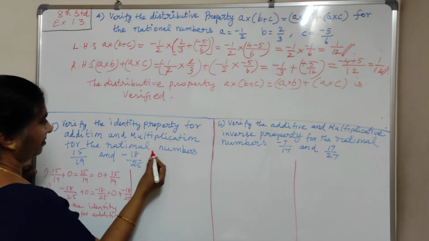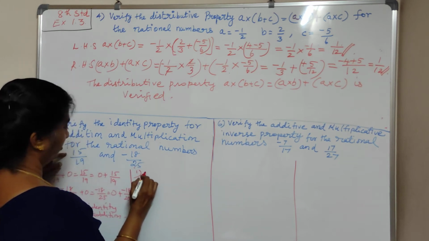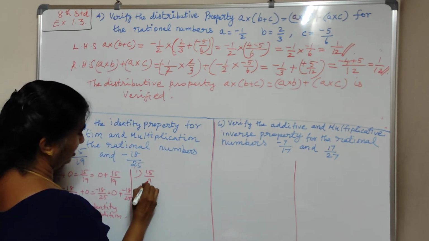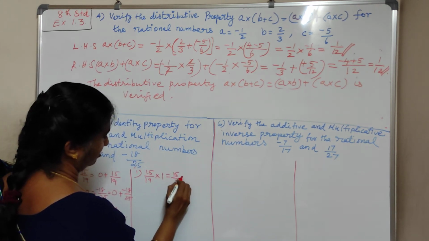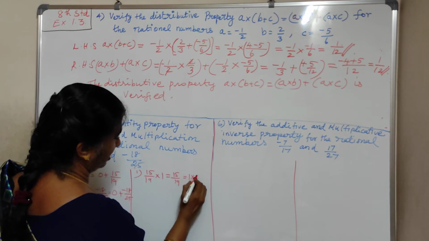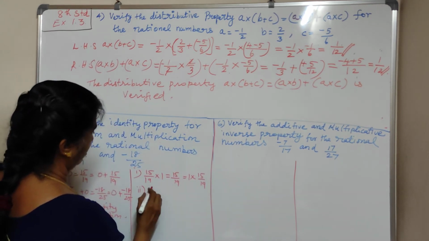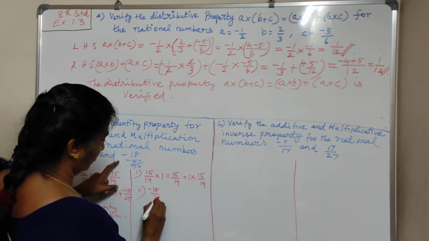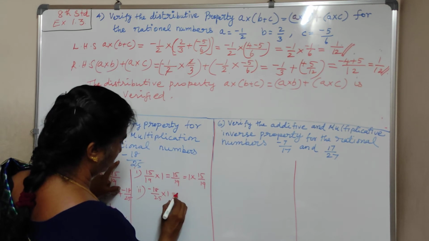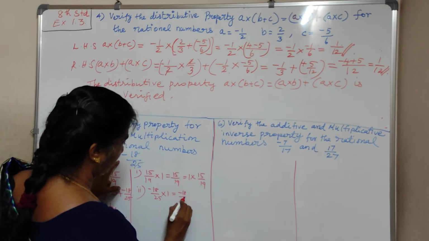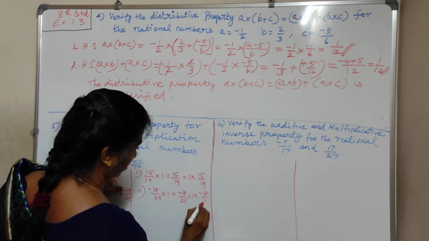Here for multiplication, first one 15 by 19 you multiply with 1 gives you 15 by 19, that is equal to 1 multiplied with 15 by 19. Second one minus 18 by 25 multiplied with 1 gives you minus 18 by 25 equal to 1 into minus 18 by 25.